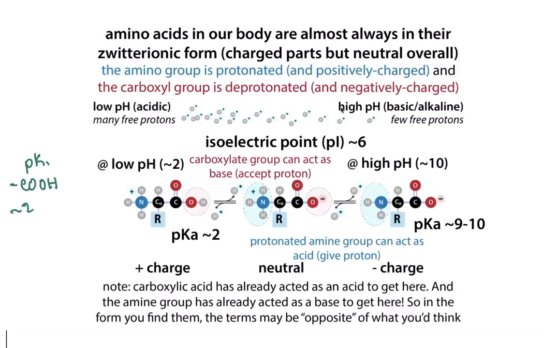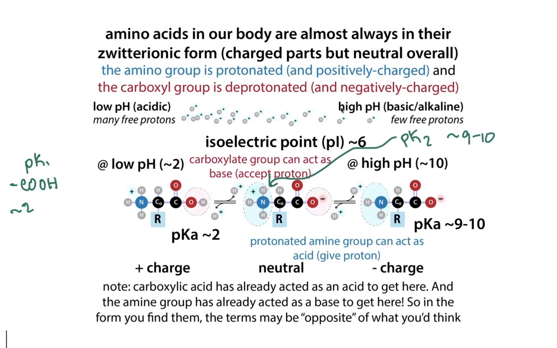Now, all the amino acids are also going to have a pK2. And the pK2 is going to correspond to this. So that's going to be our pK2, and that's going to be typically about 9 to 10.